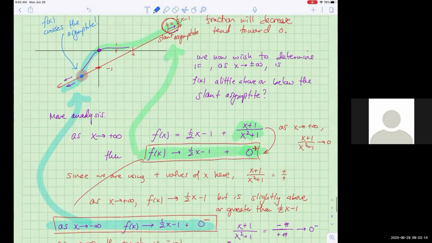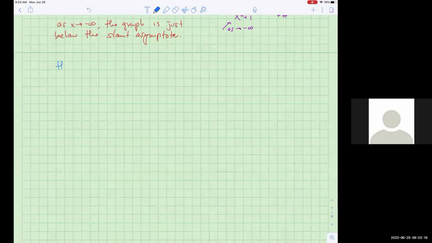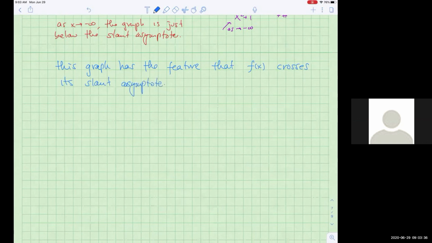So this graph has the feature that f of x crosses its slant asymptote. Now, the question then is, where does this occur?